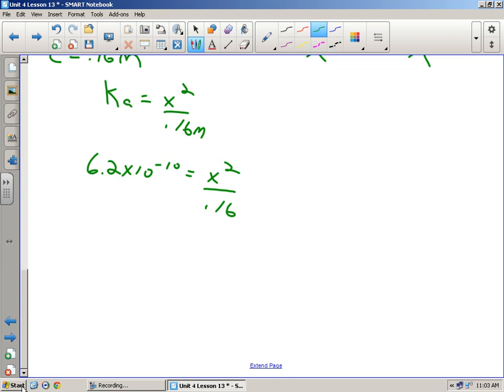I think I need a calculator for this one. So 6.2 times 10 to the negative 10 times 0.16. x will be the square root of that, of course. Yeah, 9.95 times 10 to the negative 6 moles per liter is what you'll actually get.